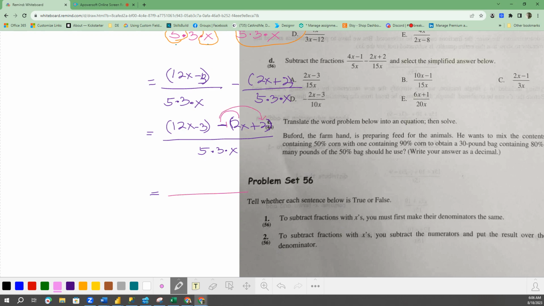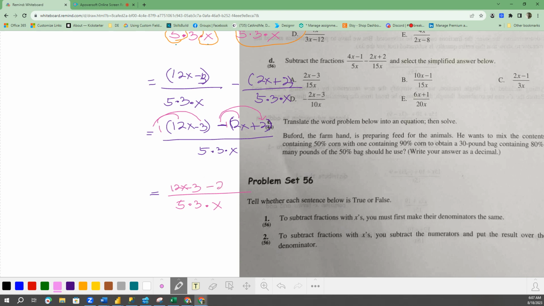Okay, so your denominator is still 5 times 3 times x. In the first parentheses, the number in front is not a negative, it's a positive. So that means positive 1 is getting multiplied to that. So let's do that. So you have 12x minus 3. But then the second one will be -1 times 2x.